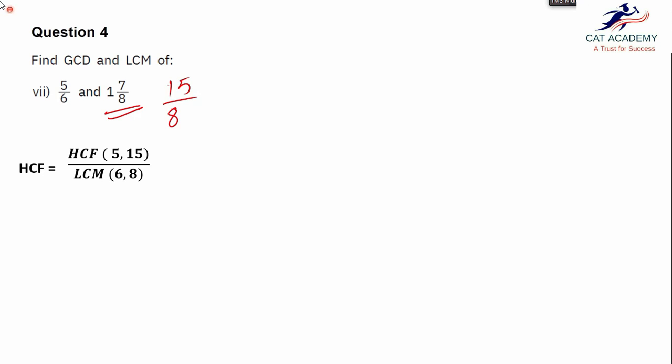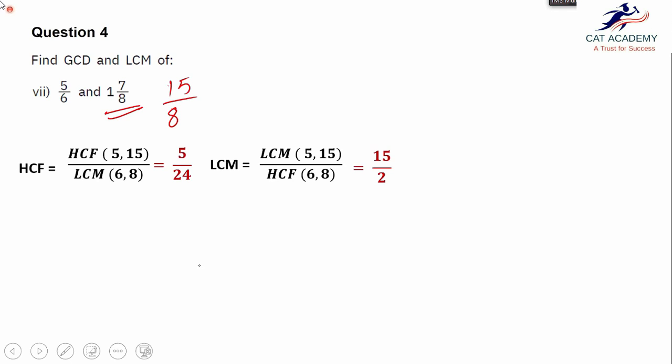And in case of LCM, I have to find LCM of 5 and 15, HCF of 6 and 8. So what will it be? HCF is 5 upon 24 and LCM will be 15 upon 2. Correct? Is everyone with me so far? So far okay? All right, good.